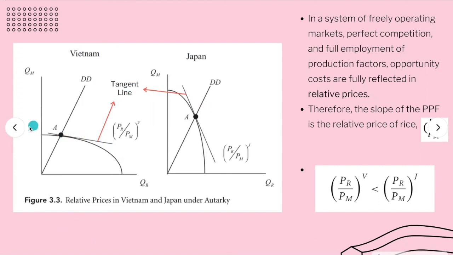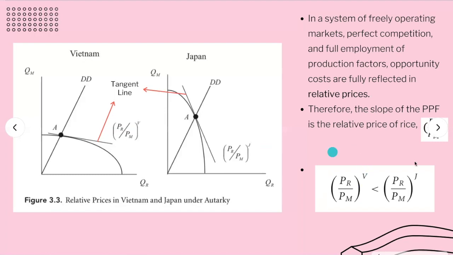You can see that the tangent line in Vietnam gives a flatter relative price than in Japan, which means that the opportunity cost of rice is lower in Vietnam than in Japan.